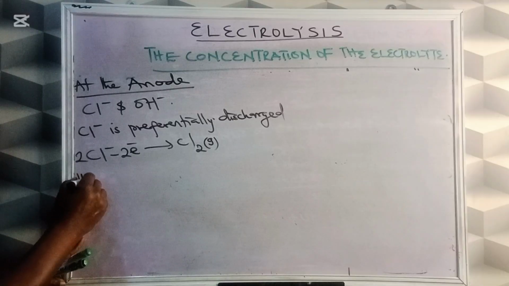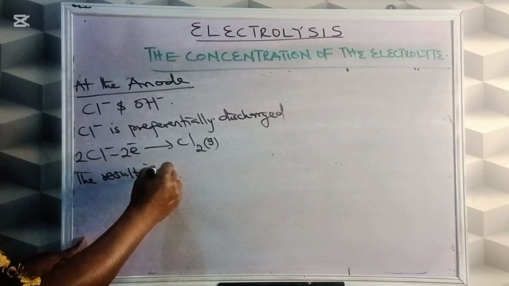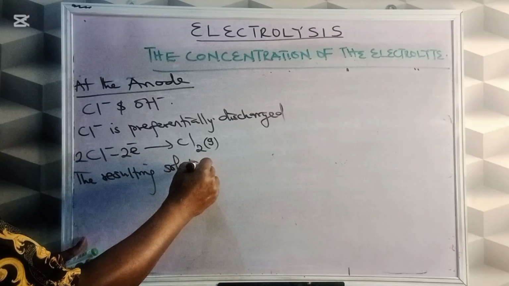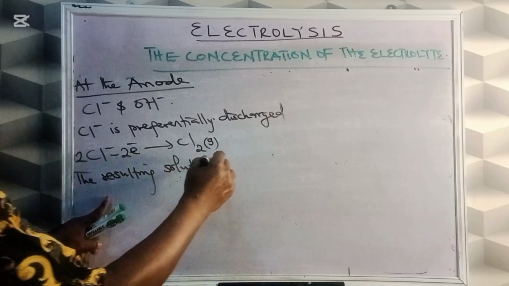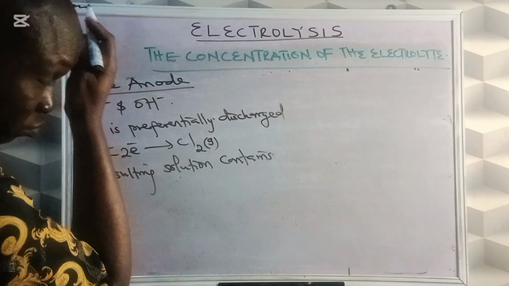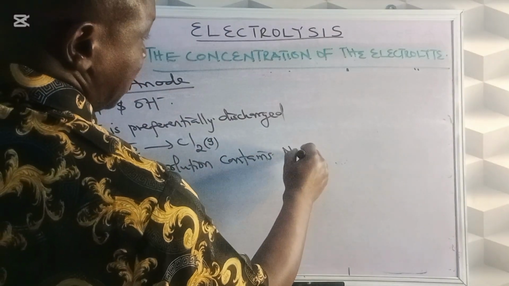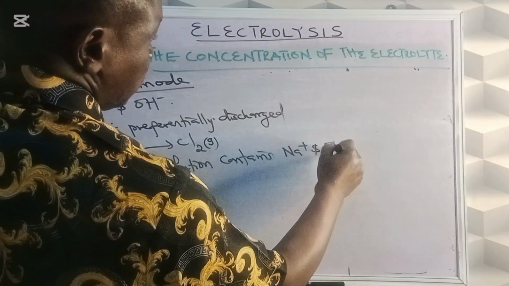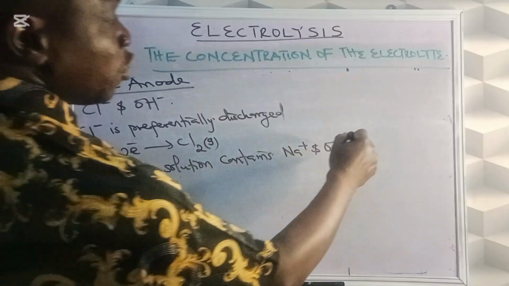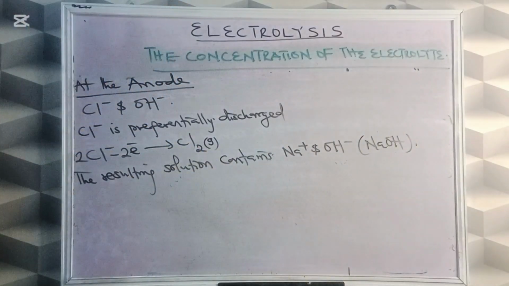So the resulting solution, let's see the resulting solution. The resulting solution contains sodium ion and OH minus, which when they combine together form sodium hydroxide, which is basic.